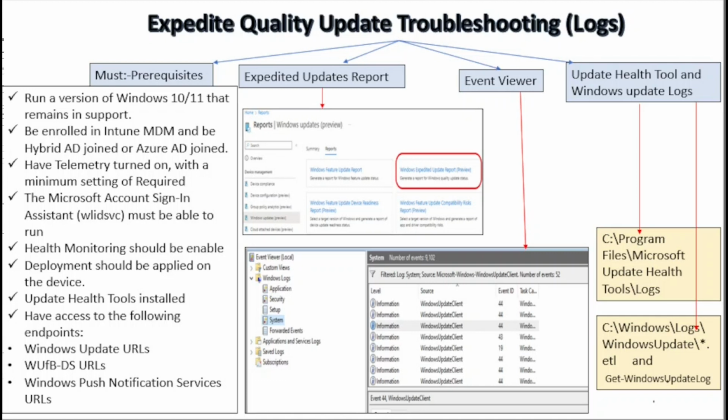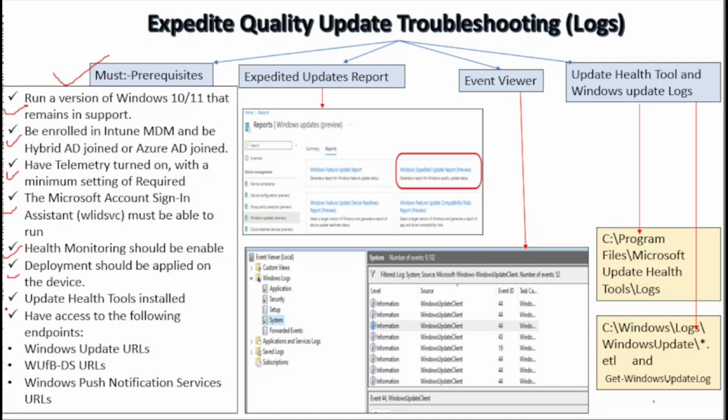The very first thing is that we need to ensure that the prerequisites are in place. Windows should be running a version of Windows 10 or Windows 11 that remains in support. The machine should be enrolled in MDM and should be hybrid Azure AD joined or Azure AD joined. Telemetry should be turned on with the minimum setting of required, the Microsoft account sign-in assistant must be running, health monitoring should be enabled and the deployment should be applied on the device.